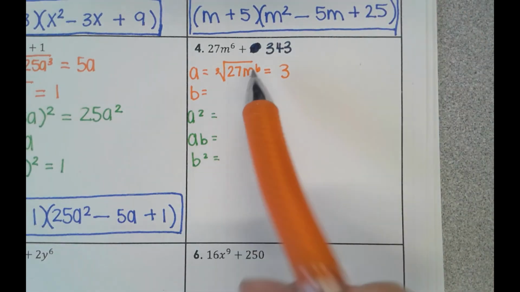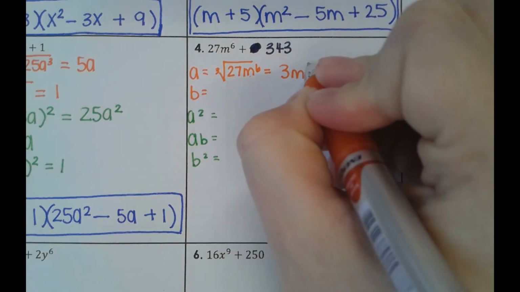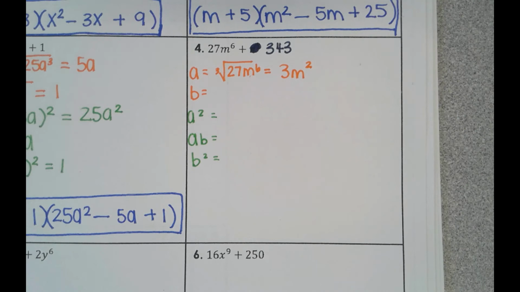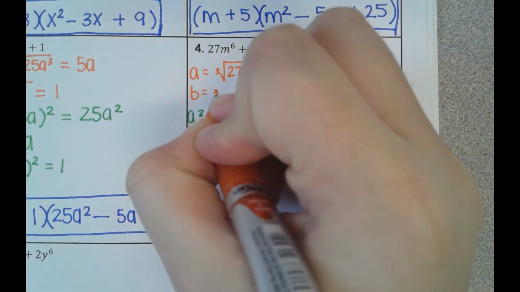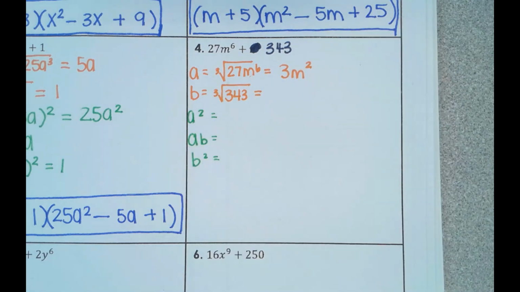And then for the m to the 6th, remember you divide the exponent by 3. So 6 divided by 3 is 2. So m squared. Your b, cubed root of 343, which is 7.